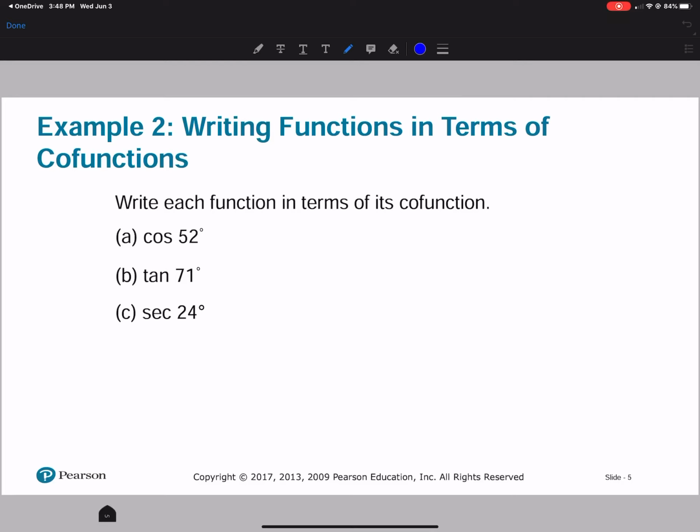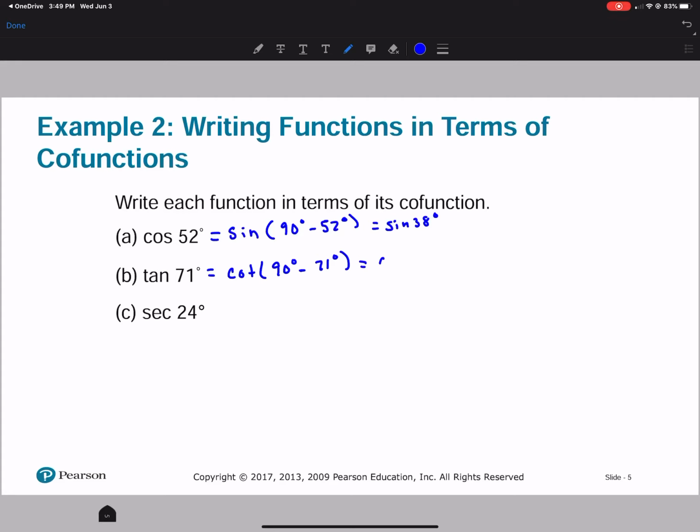So looking at this problem, this is equal to what? Sine of 90 degrees minus 52 degrees, right? Therefore, this is just equal to the sine of 38 degrees. This one is equal to what? The cotangent of 90 degrees minus 71 degrees.